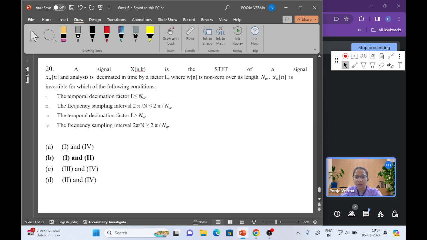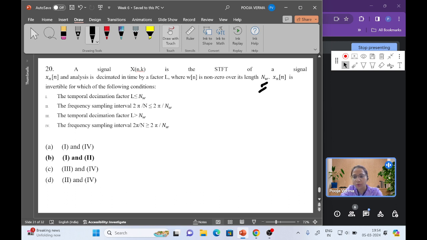So X of n, k is the STFT of the signal x of n, and the analysis decimation in time by a factor L is given, where W of n is non-zero over its length N_W. Then x of n is invertible in which of the following conditions?